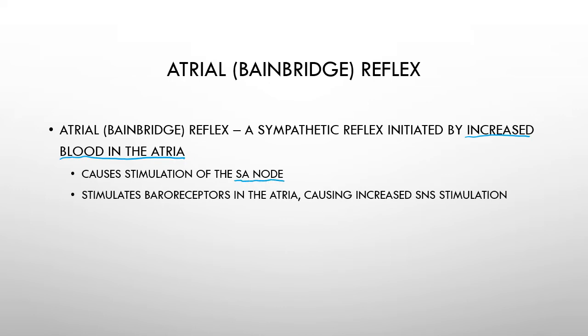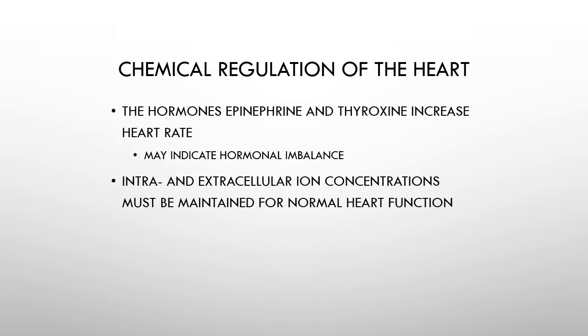And so the more return that we have, this is essentially going to stimulate the SA node to fire more. And so inside the atria itself, there are pressure receptors called baroreceptors. And this increases the nervous system on the sympathetic side to increase. We've got more blood coming back. We may be doing some sort of activity, things like that, that has increased that blood return to the heart and increasing what's going on inside the atria themselves.